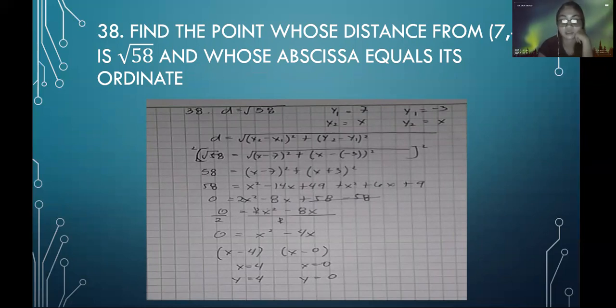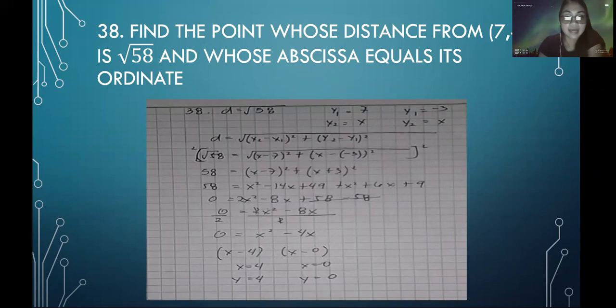So the distance formula is d is equal to the square root of the quantity x sub 2 minus x sub 1 squared plus the quantity y sub 2 minus y sub 1 squared. Then substitute the value. So the square root of 58 is equal to the square root of the quantity x minus 7 squared plus the quantity x minus negative 3 squared.